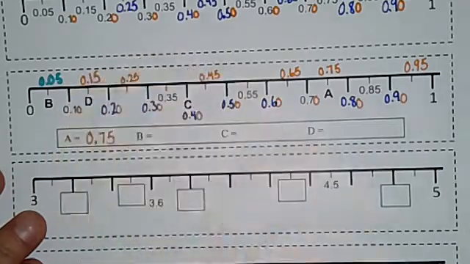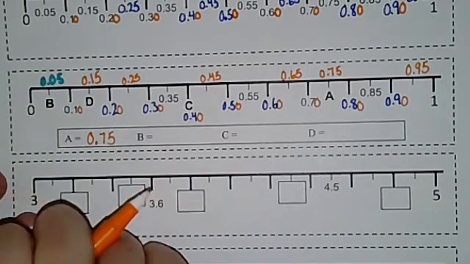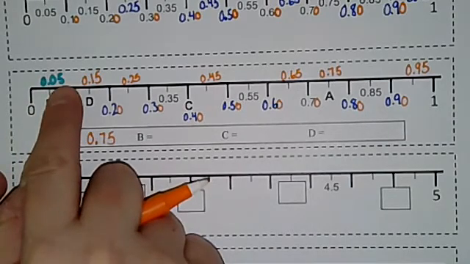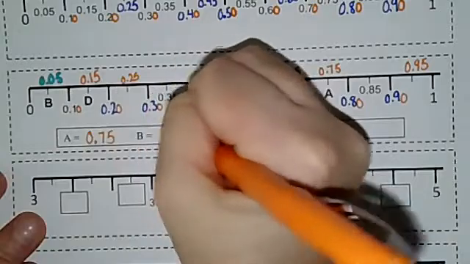Very good. All right, Kato, you're up again. What is B at? How do I say that number? The 5, is it in the tenths place or in the hundredths? Very good. That is 5 hundredths.